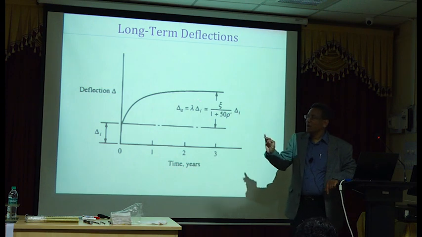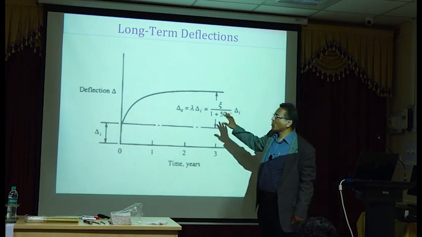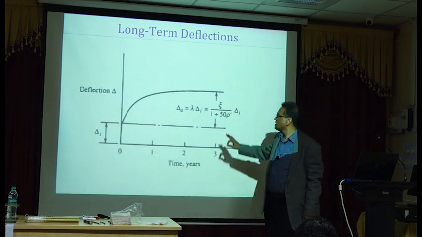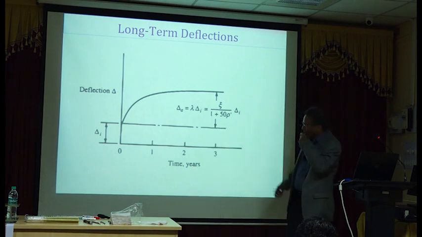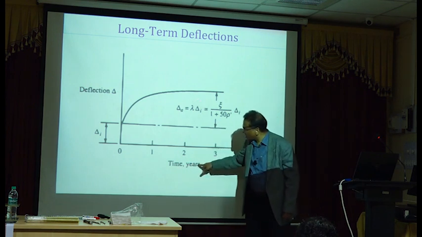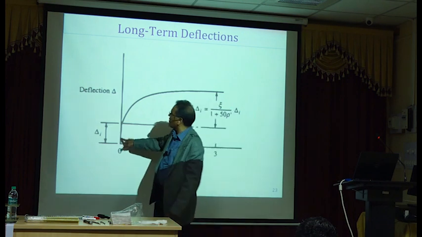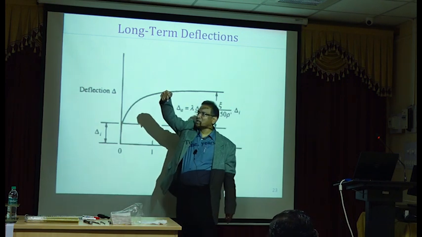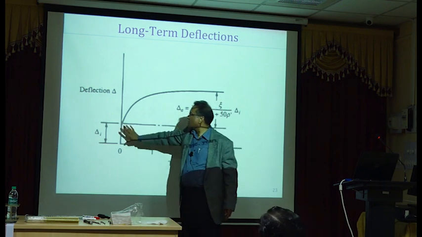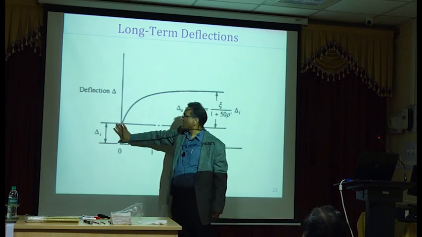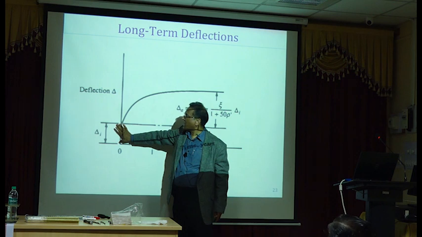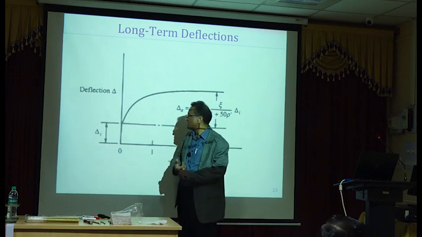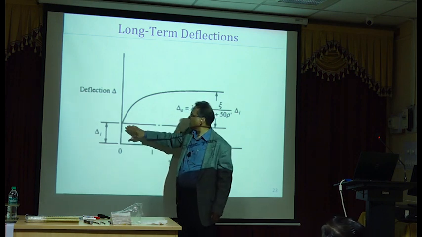Many of the ACI requirements are very, very simplified. So this is one of them. On the x-axis you have time in years, on the y-axis you have deflection. The moment you apply the load, you will have some amount of initial deflection, delta I, which is also instantaneous or immediate deflection.